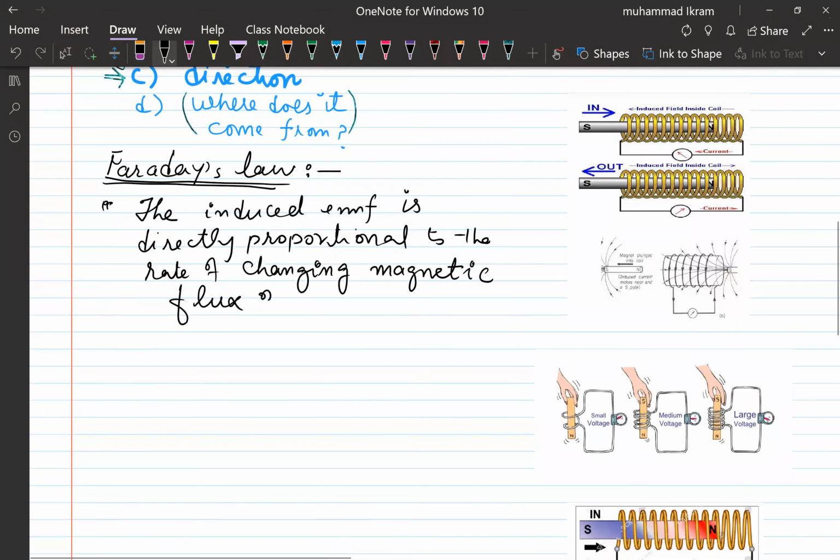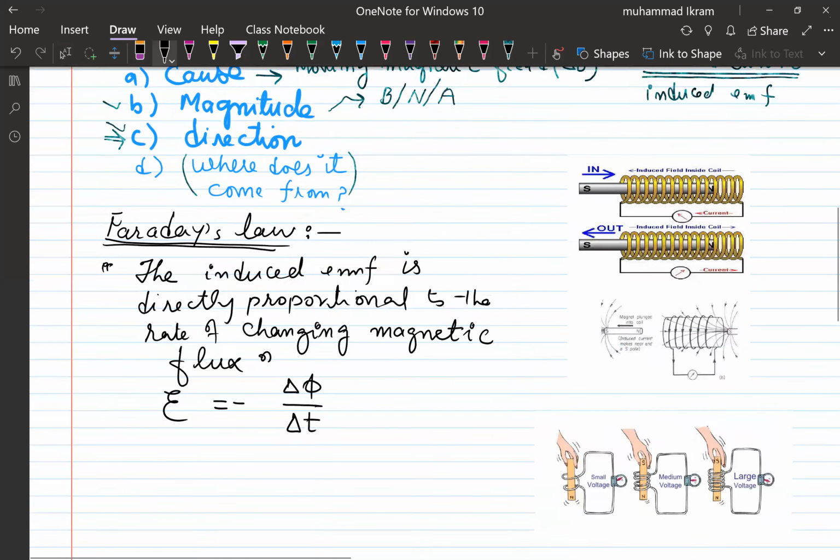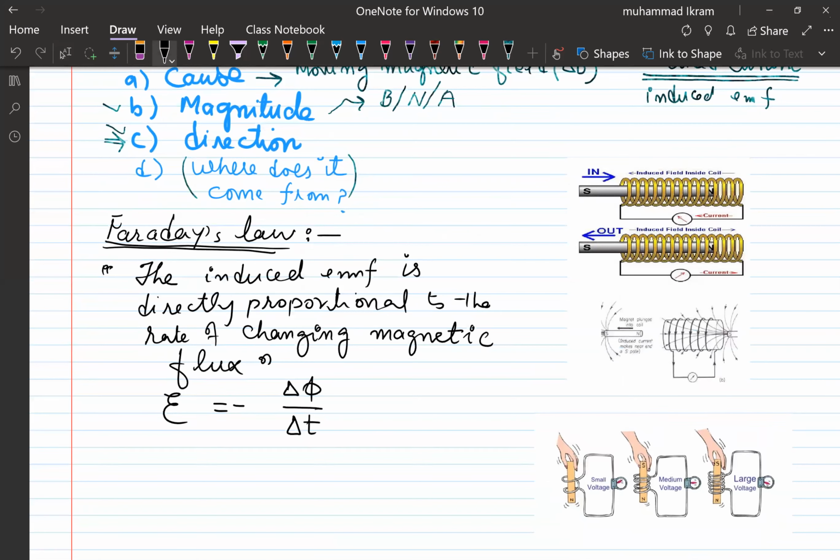Mathematically, we can write that the induced EMF is directly proportional to the rate of change of magnetic flux, delta phi by delta t. That is, if the flux through the coil changes in time, then there will be induced EMF in the coil.